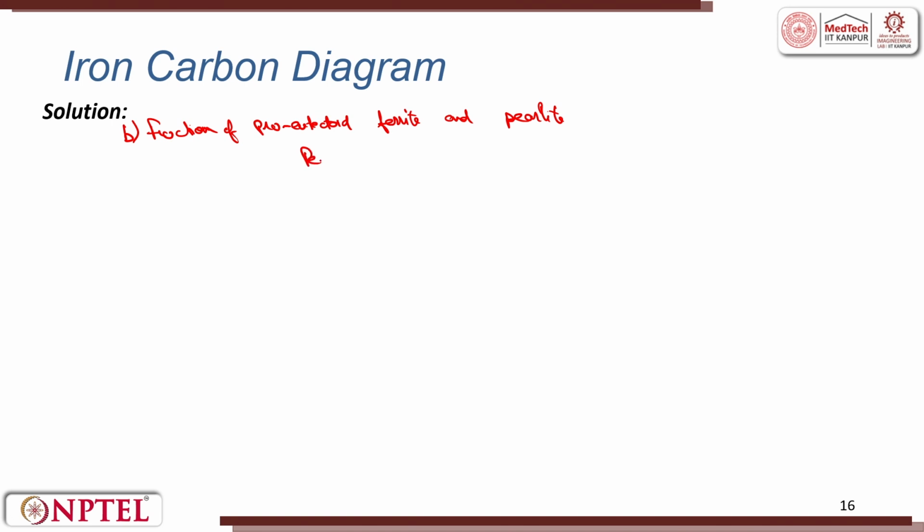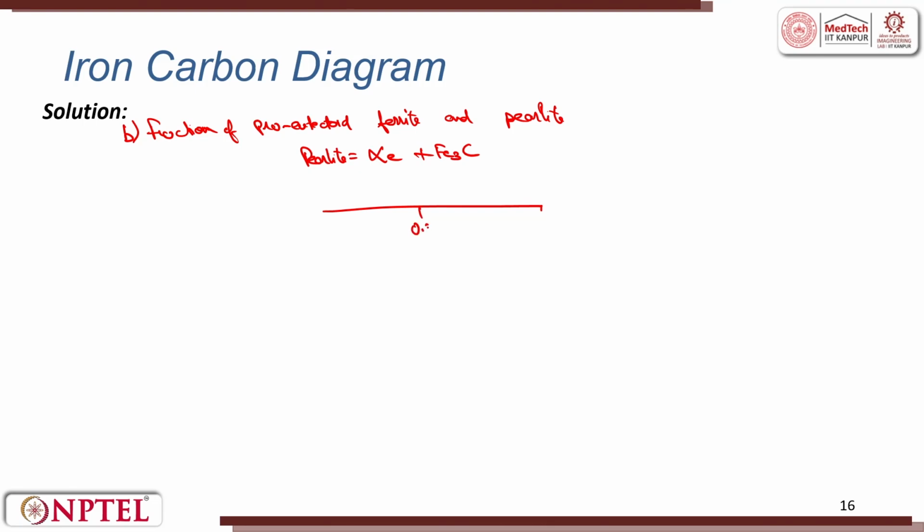Now, what is pearlite? It is alpha E plus Fe3C, that is ferrite plus cementite. So, here when we say proeutectoid, I will draw the tie line here.